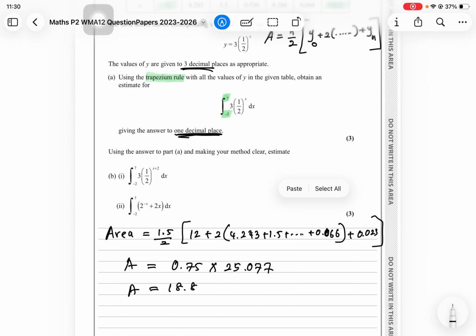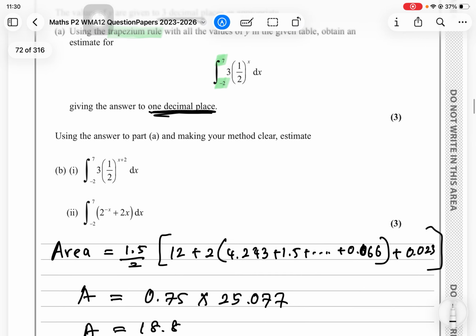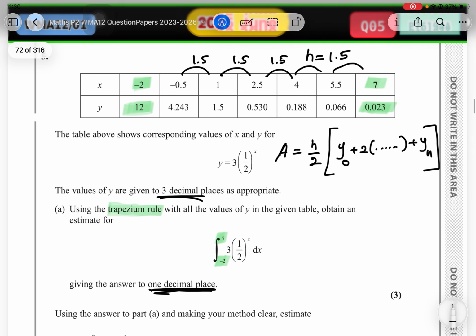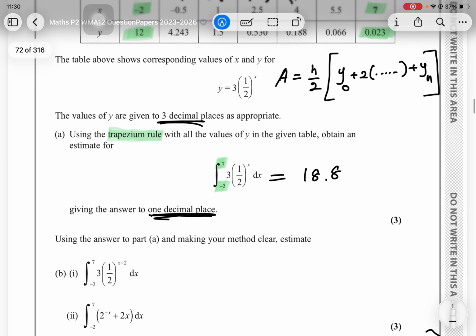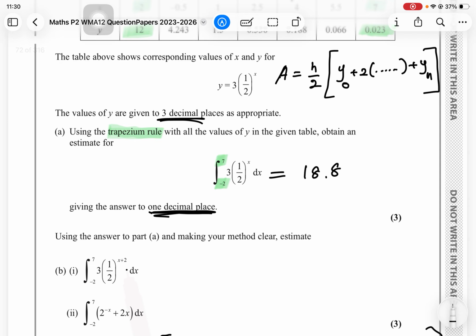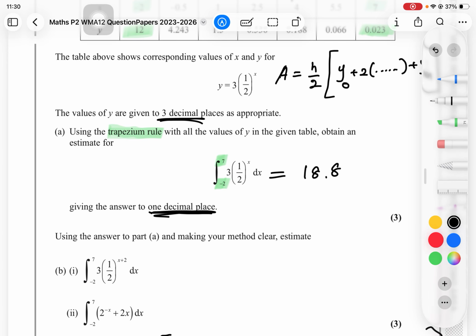Now once we got that value, we know the area of this curve is 18.8. Now they say using this answer we have to do this one. Now it's just a matter of how we do this.